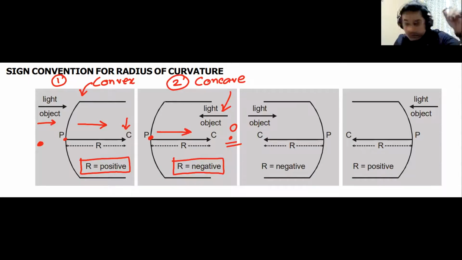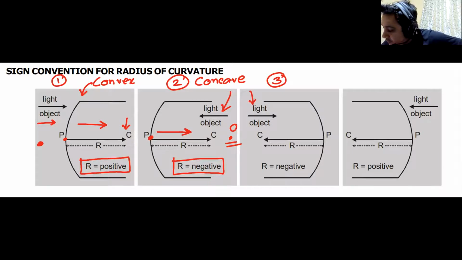Okay. Look at case number 3. Very nicely explained. Now, what do you call this surface? That is my first question. Tell me the answer. Concave, sir. This surface will be concave. Light is coming from this side. The object is placed somewhere here.